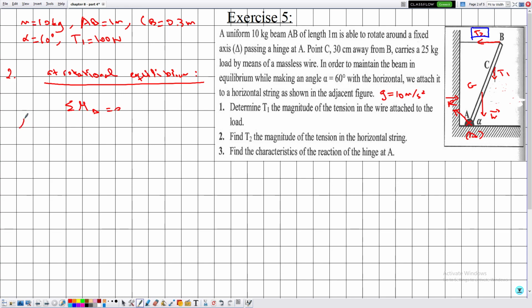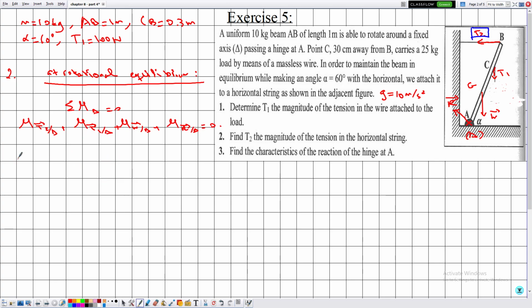Here we are talking about the moment of the tension T2 around delta plus the moment of the tension T1 around delta plus the moment of the weight around the axis delta plus the moment of the reaction R around the axis delta, which is equal to 0.